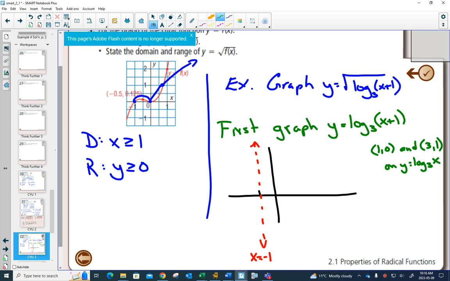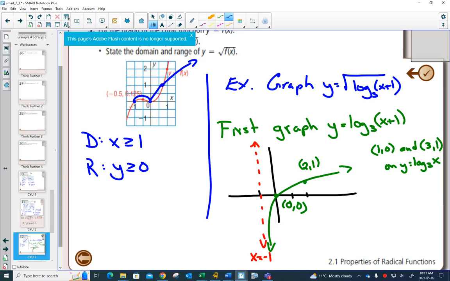That's your basic log graph. Everything has to be moved 1 to the left. So I hope that you can see that you have 0, 0, and 2, 1. And this green graph would be log base 3 of x plus 1. It's just your log 3 graph, moved 1 to the left.